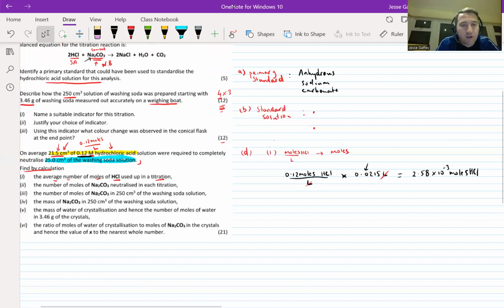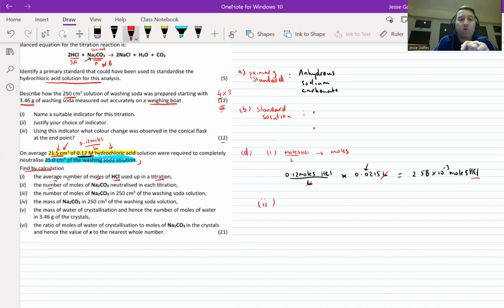Right, part 2, find out the number of moles of Na2CO3 neutralized in each titration. So that just means find out how many moles of Na2CO3 reacted with this many moles of HCl. So most of you will have an idea how to do that. Let's pause the video and have a go at that now. Okay, here's a clue for anybody. We know the moles of HCl.